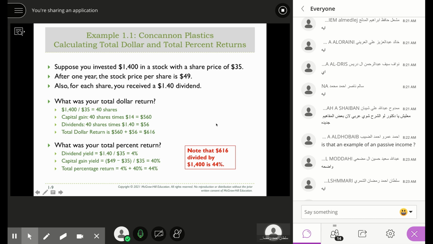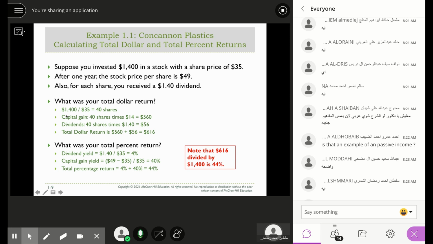However, we have missing information: we don't know how many stocks we bought. Now we would like to know the total dollar return. First, we would like to know how many shares we bought, which is basically dividing how much in total you invested by the stock price for the company that you purchased.